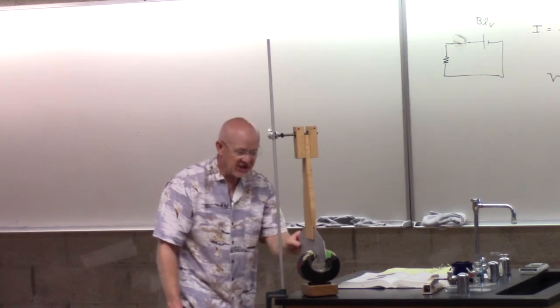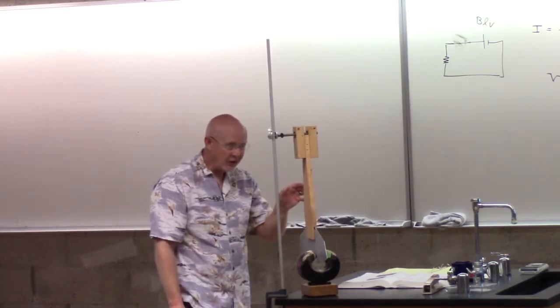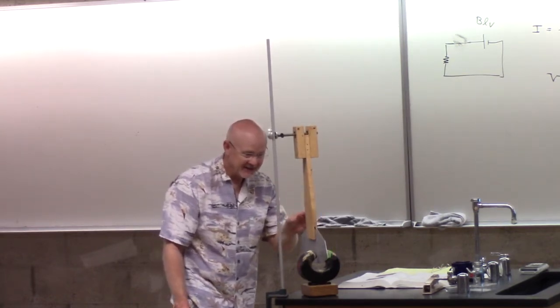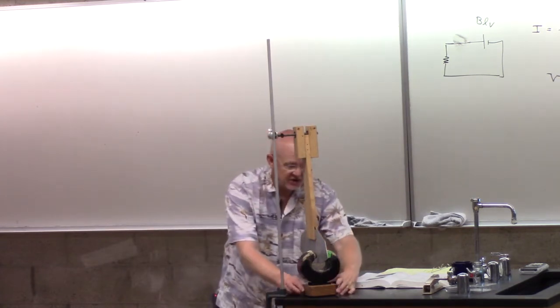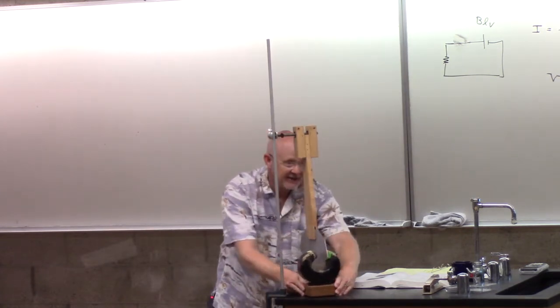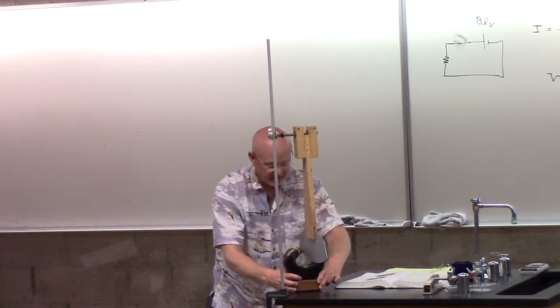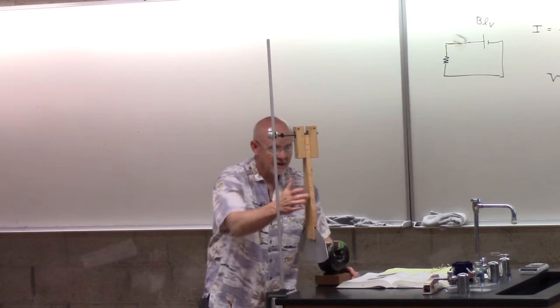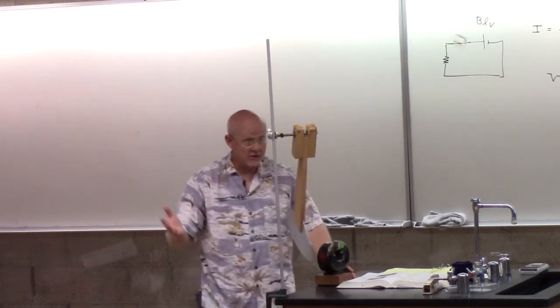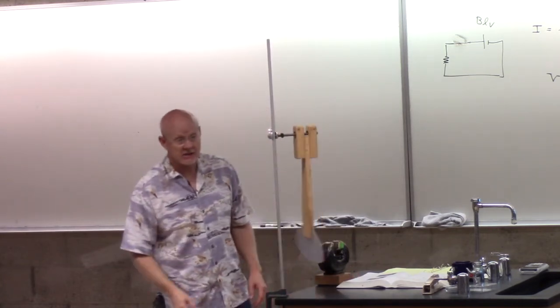But do you see how poorly it swings? Do you see if I even just move the magnet without touching it, it moves with me? I haven't changed anything. It still swings really nice.